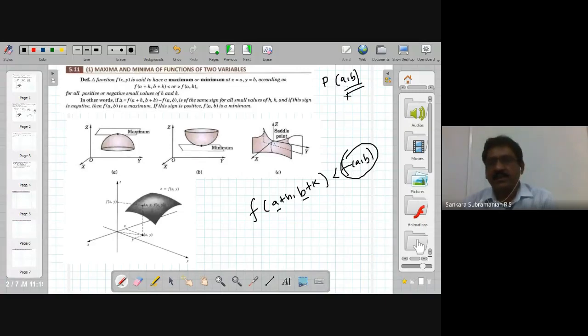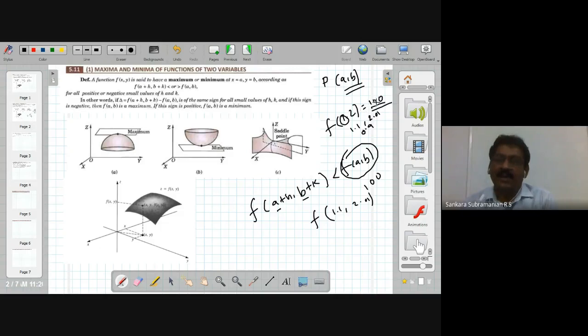If you substitute this value, it must always be less than what you have claimed as the maximum value. For example, if at the point 1 comma 2 the function attains a maximum and the maximum value is 100, then whatever neighboring point you take, such as 1.1 or 0.9, this is plus h and this is minus h, and again 2.01 or 1.99, if I substitute, say, f of 1.1 comma 2.01, the output value must always be less than the 100 you claimed.